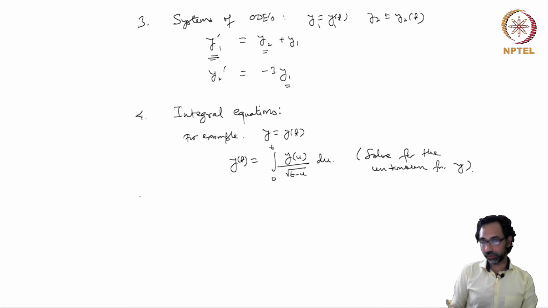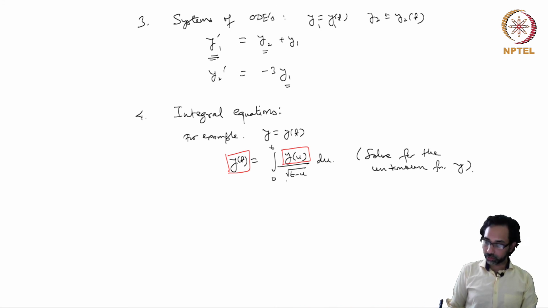So this is the kind of integral equation where the unknown function appears inside the integral as well as outside the integral. The Laplace transform technique can help us here because we have integrals from 0 to t, and we know what kind of Laplace transforms these integrals have.